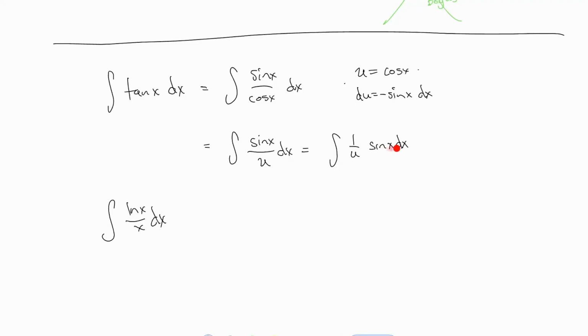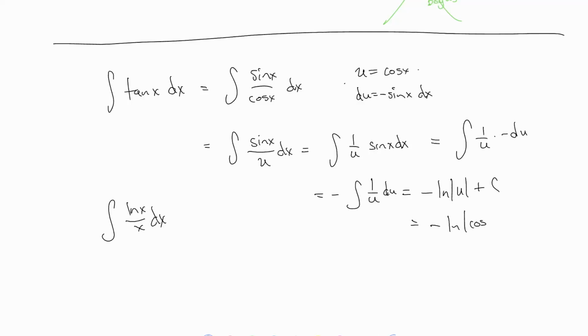And then because I have sine of x and dx, that matches here. Actually, with a minus sign over here, this is negative du. So this would be integral 1 over u times negative du. And then we can factor this negative sign all the way out front. Minus integral 1 over u du. And then that is minus ln absolute value u plus c, like that.